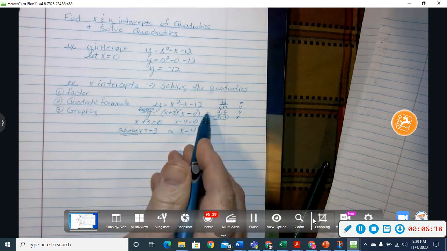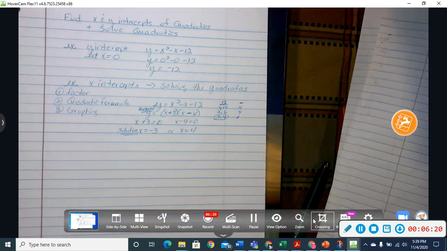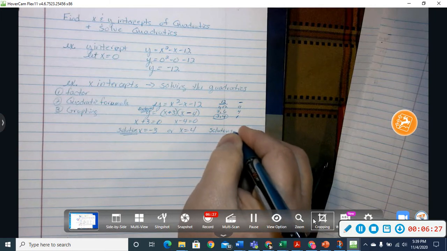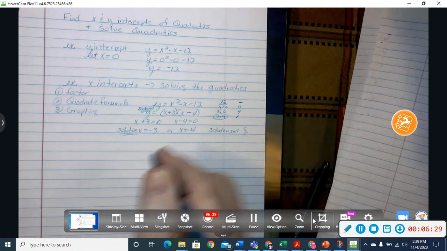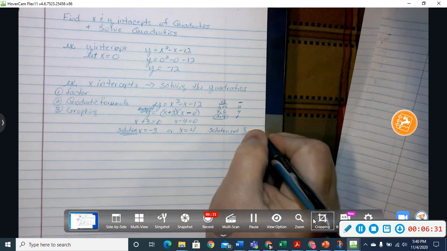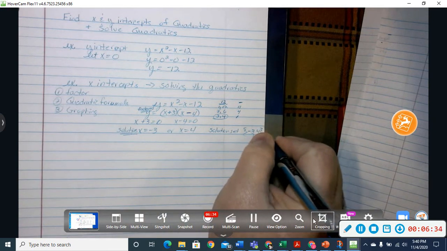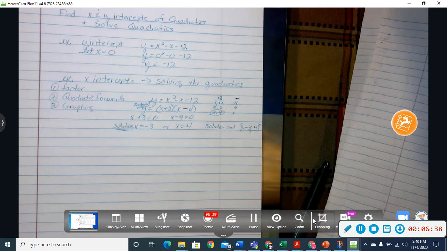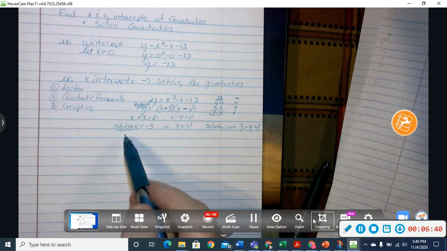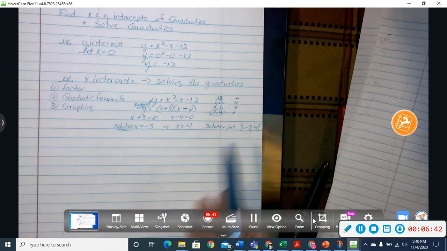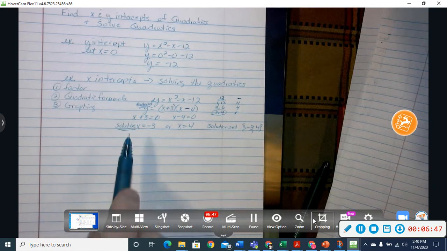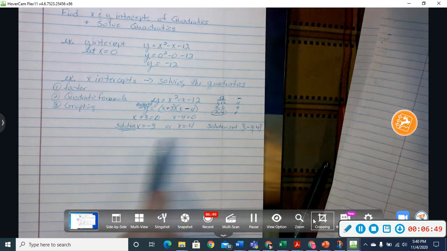So we have factored form versus solutions, and it does make a difference. And then if we had a solution set, that would be when we wrote those two answers, -3 and 4, in a set for the solution. So again, it's all about terminology and how you write your answer and how you express that answer and what it means.